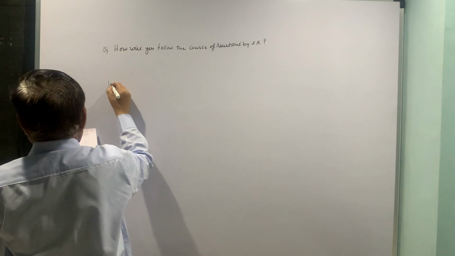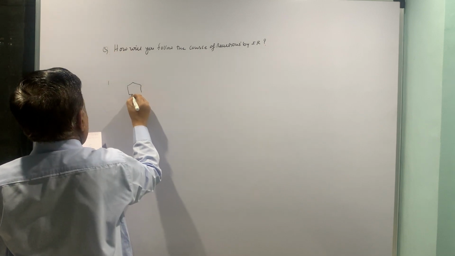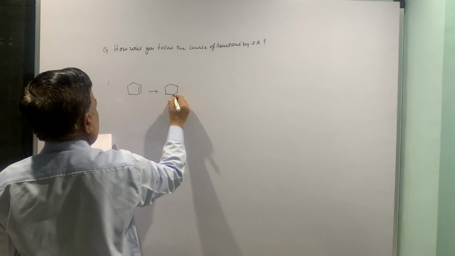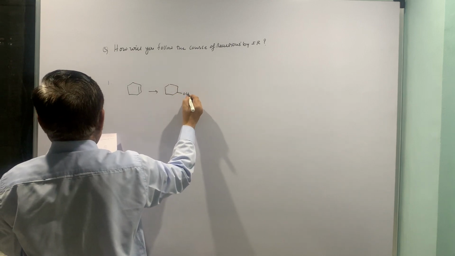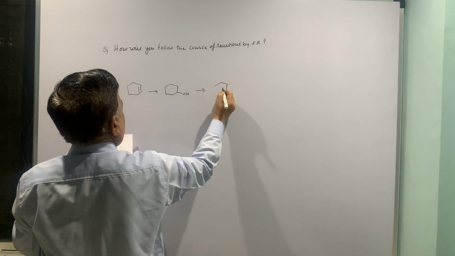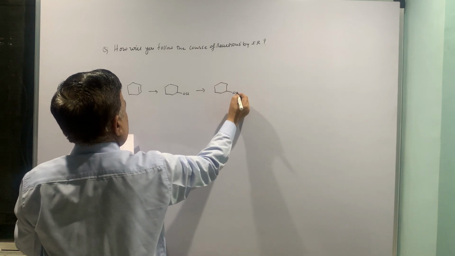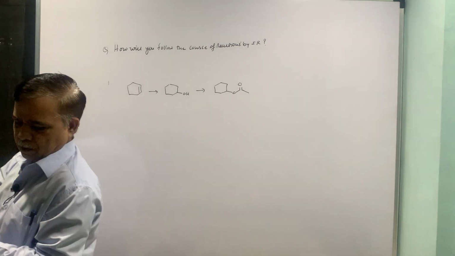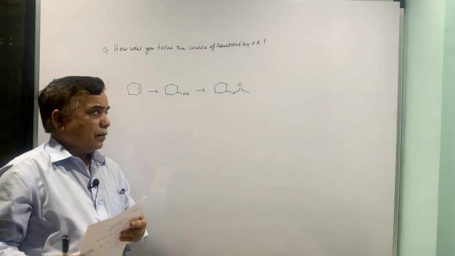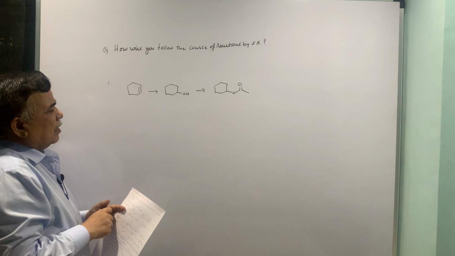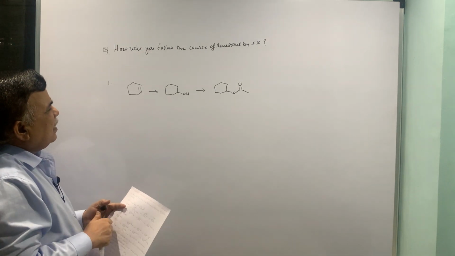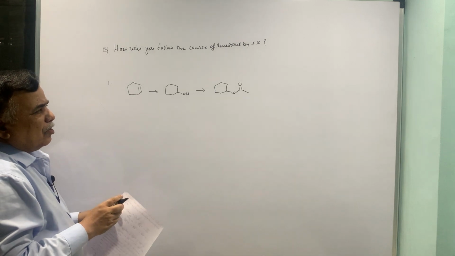This question. First one is, so this is the first example where alkene is becoming alcohol.